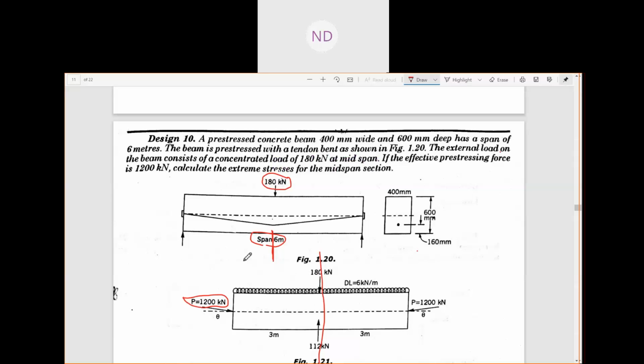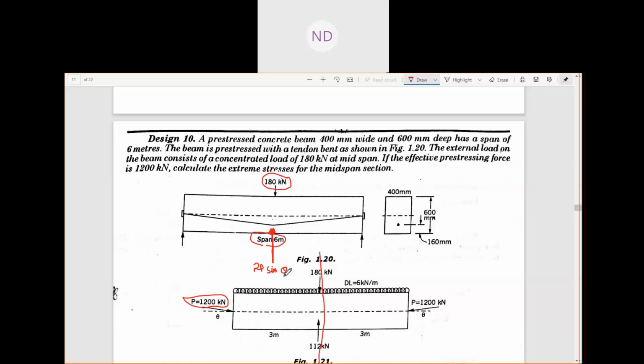In this kind of triangular profile of bent tendon, the upward thrust is 2P sine theta. So you can calculate your upward pressure which will try to counterbalance this 180 kilonewton.